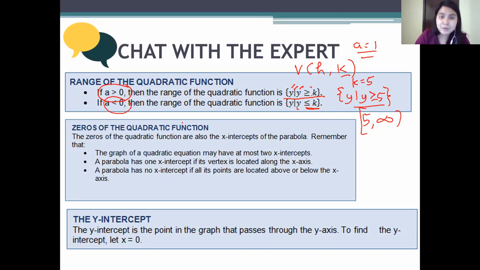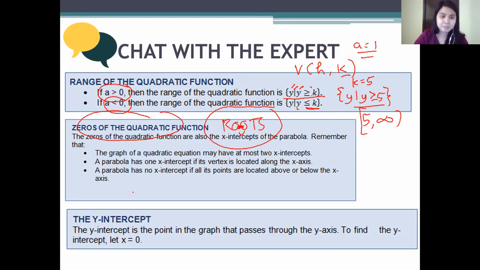Next, zeros. How do we solve for the zeros of the quadratic function? I'll no longer work on it. I'll just tell you, you need to solve for the roots of your function. Once you have the roots, then it is telling you of your x-intercepts.